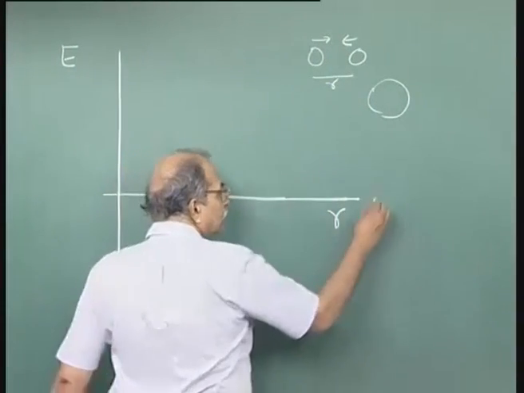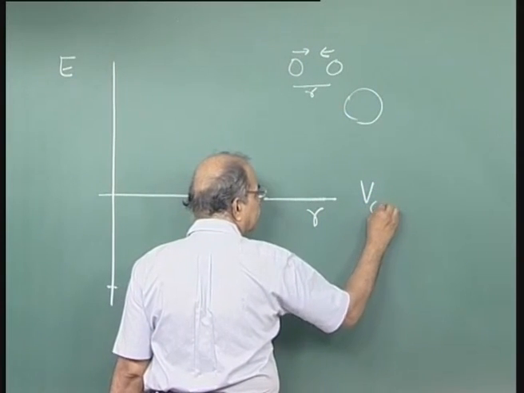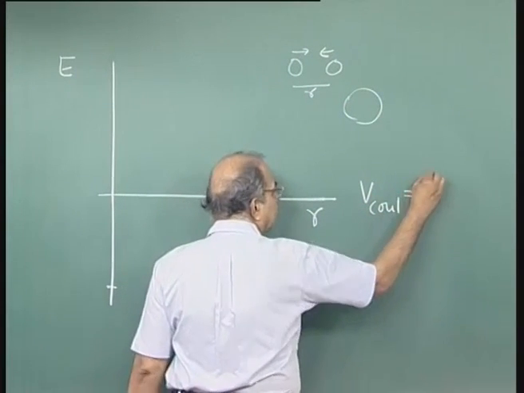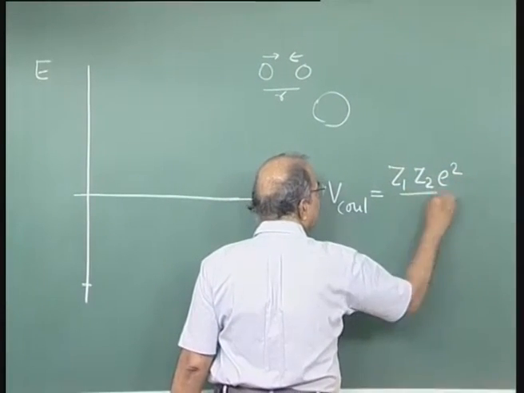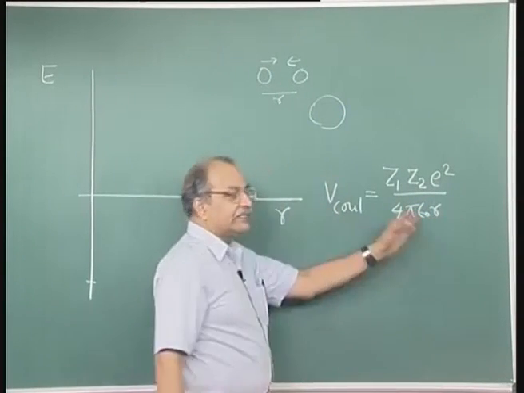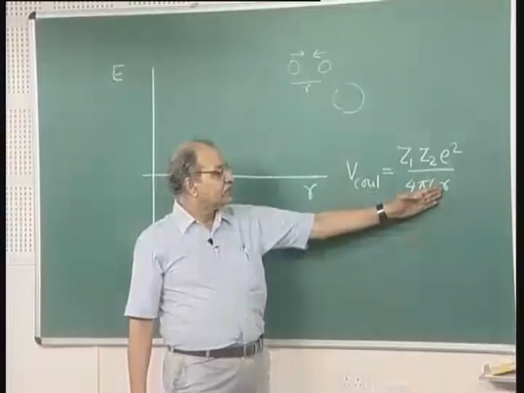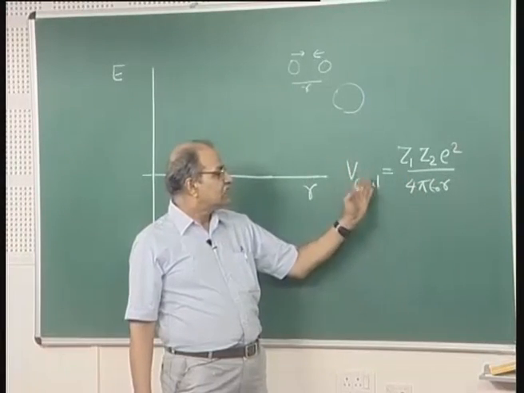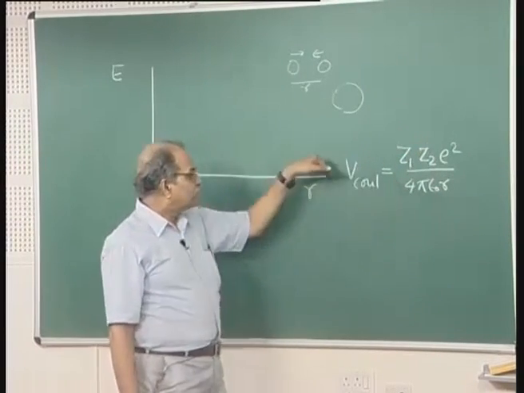From here, when they come closer and closer, this Coulomb potential energy V Coulomb, that is Z1 Z2 e square by 4 pi epsilon naught r, keeps increasing. As the particles come closer, r decreases and V increases, just as the hyperbolic 1 by r pattern.